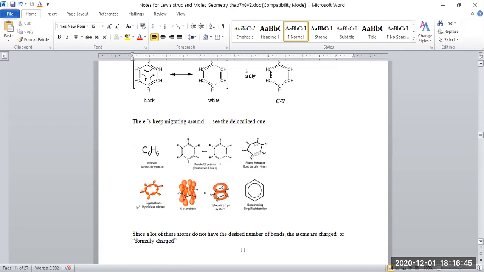I gave you the standard molecular formula, C6H6, and then the Kekulé structure, which gives you the two normal looking resonance forms. And then I gave you the one that shows how the bond angles look. If you were actually to build or draw this out, that gives you an idea of how you're supposed to distribute it.